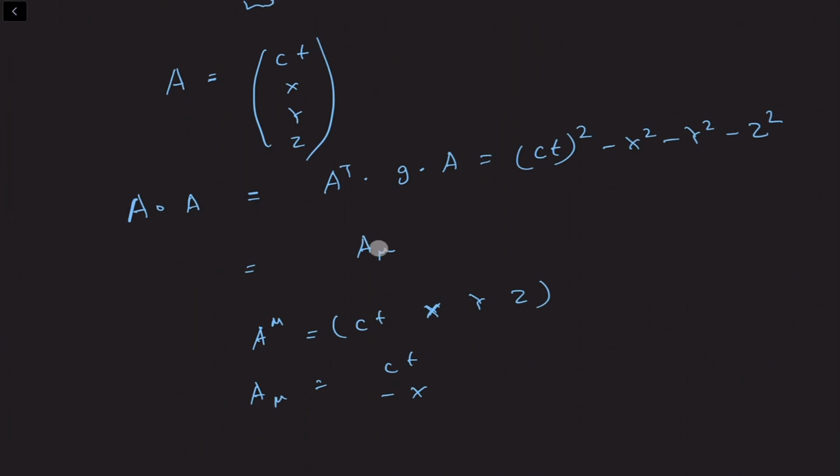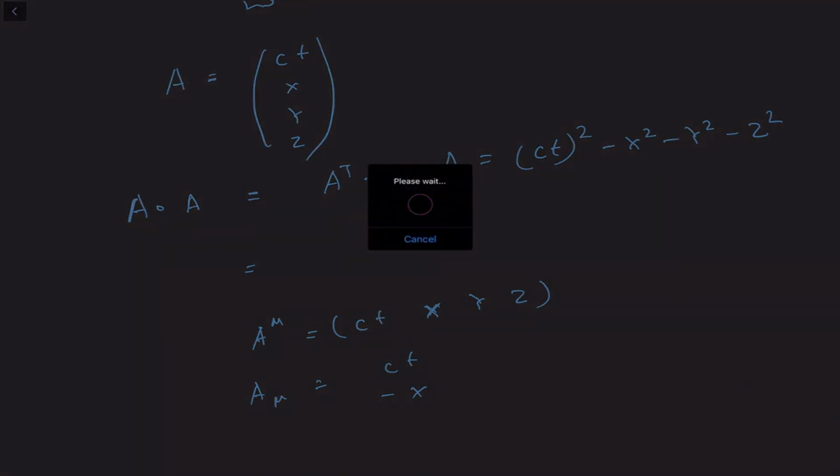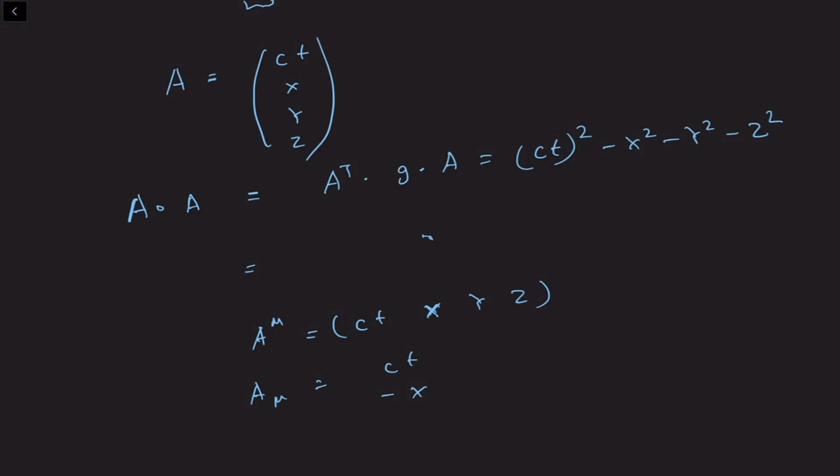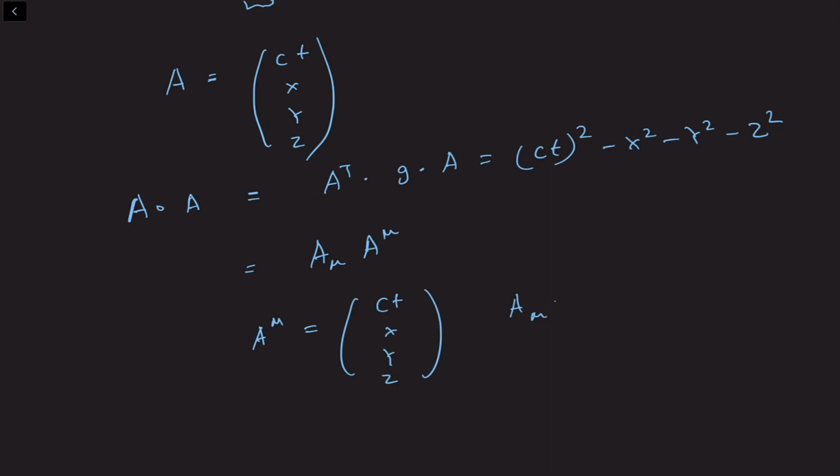actually let me just write it this way. It doesn't really matter how I choose to write it, but let me write it as A lower mu, A upper mu. And A mu we can write as CT X, Y, Z, and A lower mu we can write as CT minus X minus y minus z.